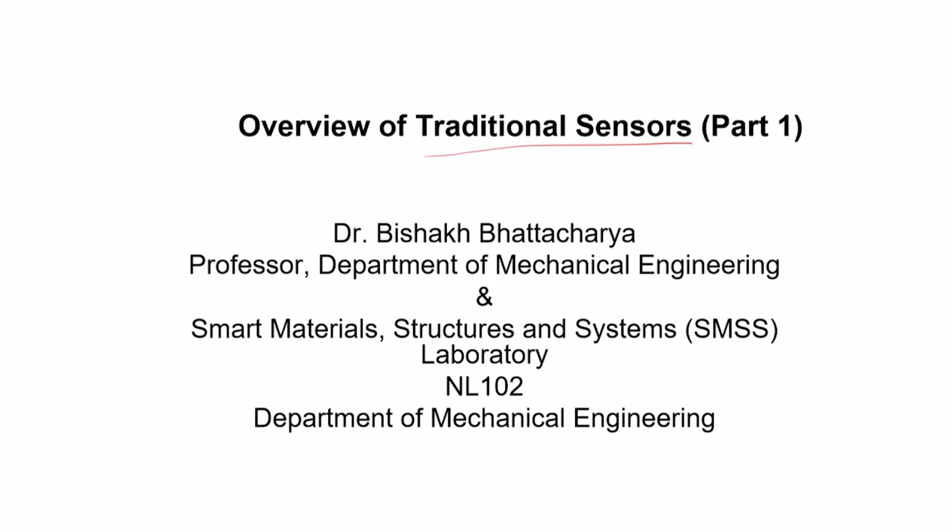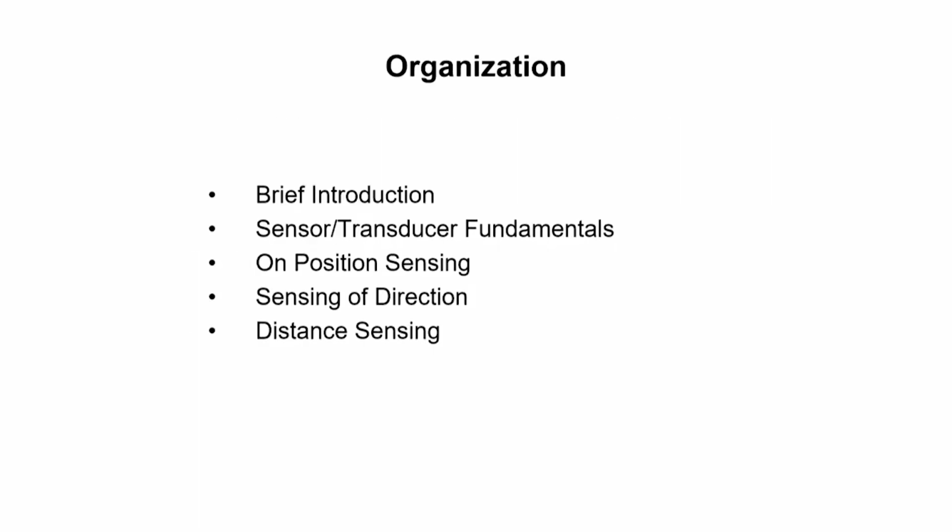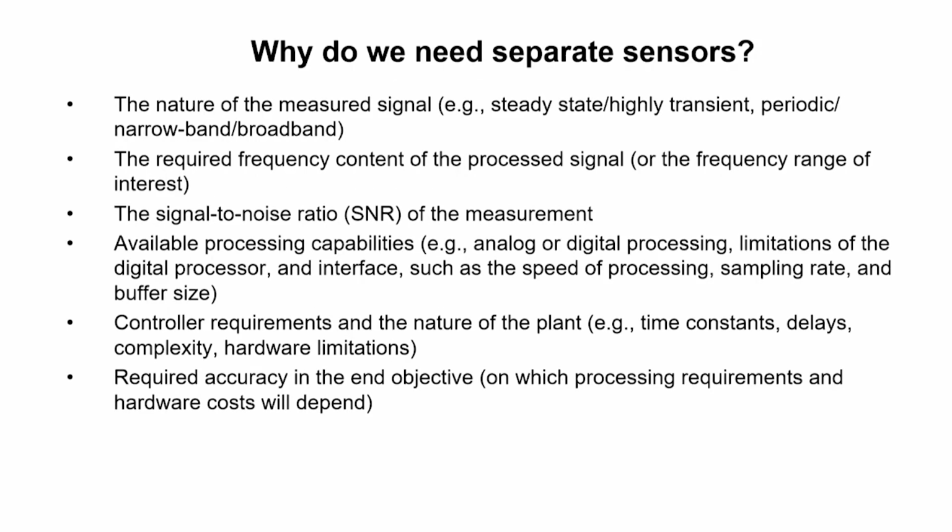So, now my organization of talk will be based on the fundamentals of sensors and transducers, followed by position sensing, sensing of direction, and distance sensing. First of all, it may occur to you, why do we need separate sensors in a system? There are many reasons for it.